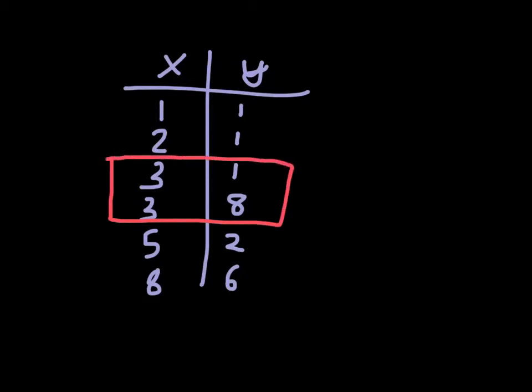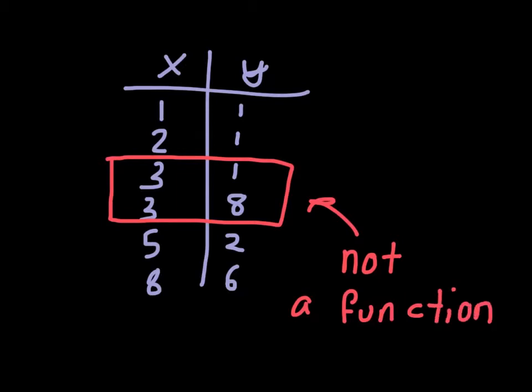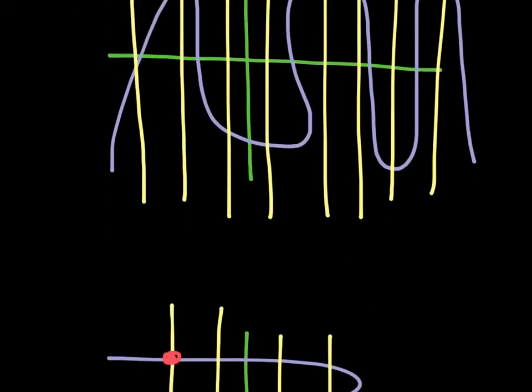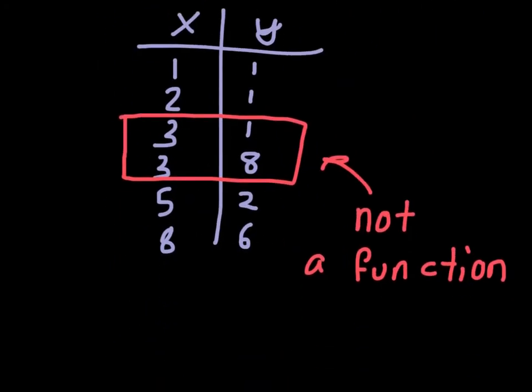That means we know that this is not a function. This is the easiest way to know if an equation is a function or not, making an input-output table or looking at the graph and doing the vertical line test. So the 2 ways we can test these are the vertical line test or an input-output table.